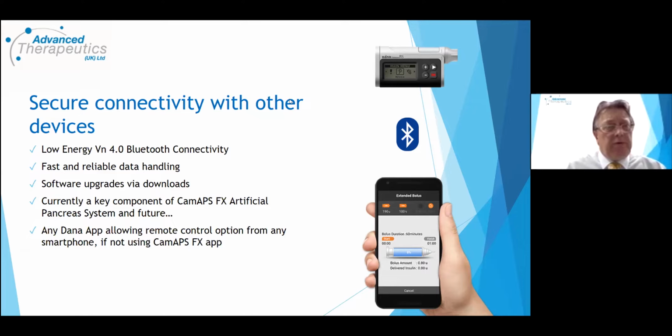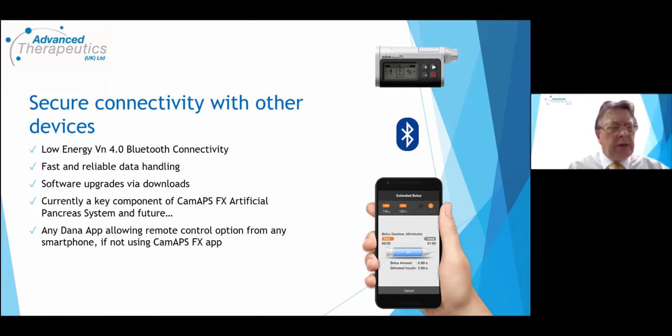The pump itself is being used for artificial pancreas work because of its fast and reliable data handling, and also for the future, it's future-proofed because software upgrades can be provided via downloads via the app from the internet.